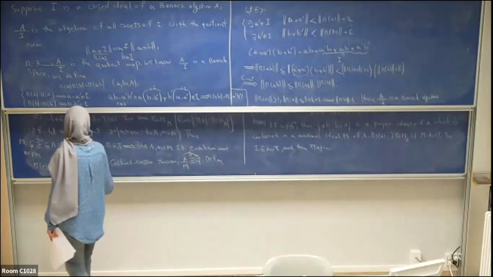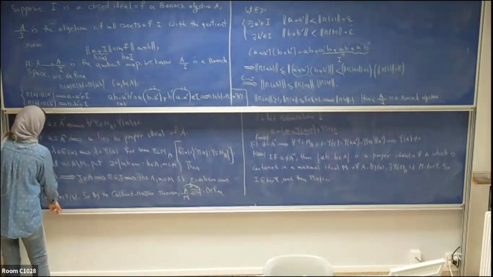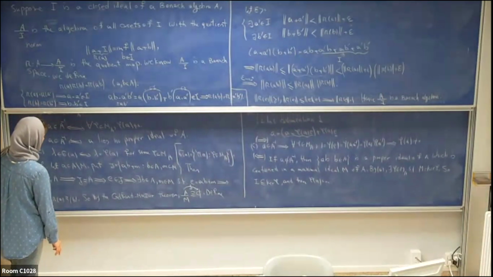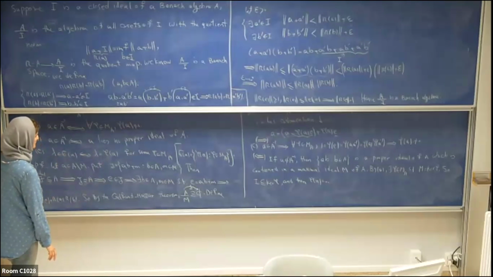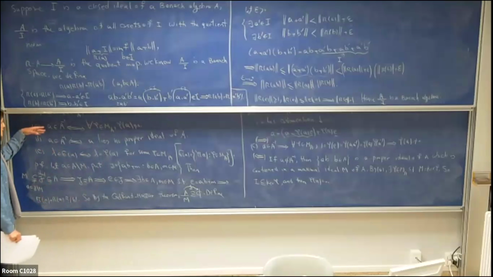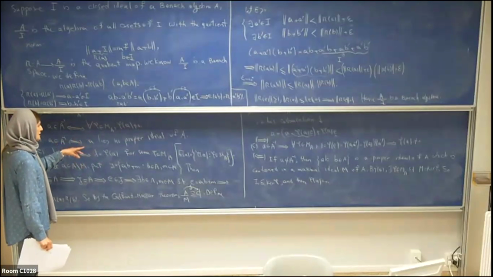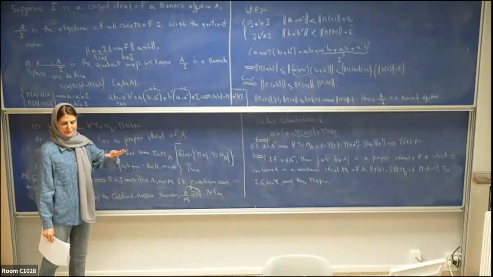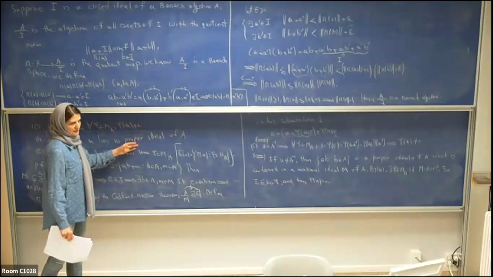We proved C from the previous part is really easy because if A is invertible, it cannot be in any maximal ideal. And if, for example, it's in any proper ideal, then each proper ideal can be contained in a maximal ideal, and so it's not true.